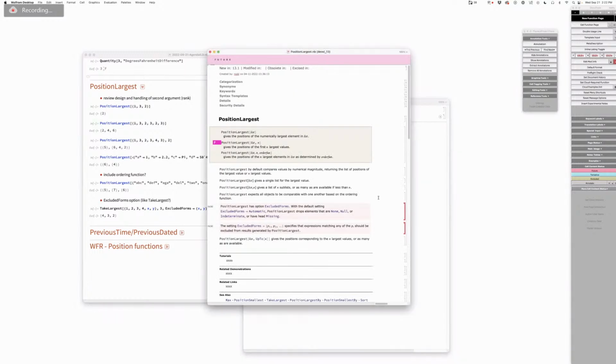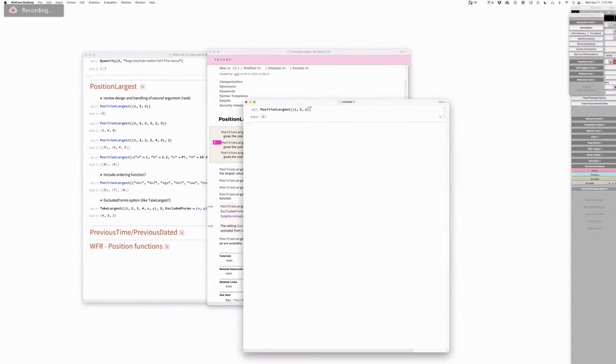Let's see, what version of the second argument would give the one-argument behavior? I don't remember if I kept this or not. There might be an Automatic. Well, try it, see what it does. We're lucky it won't take that as an ordering function.